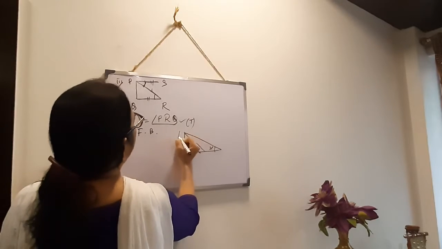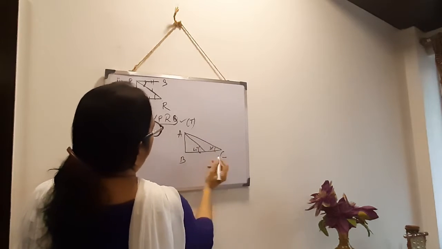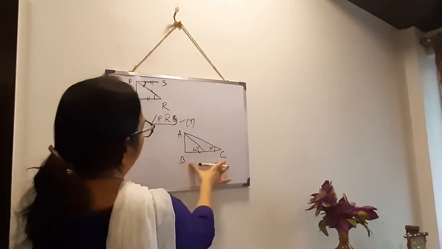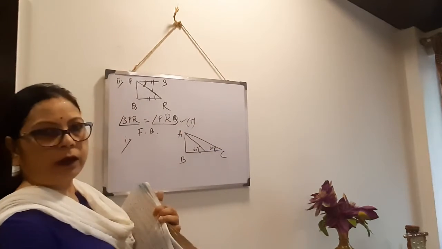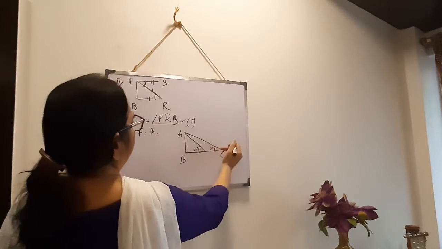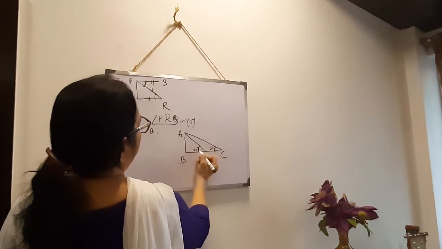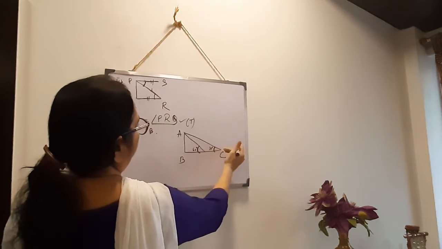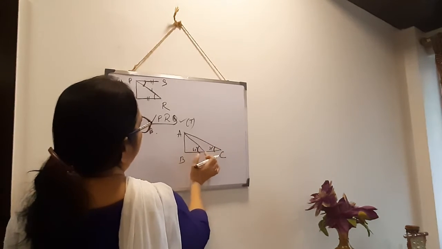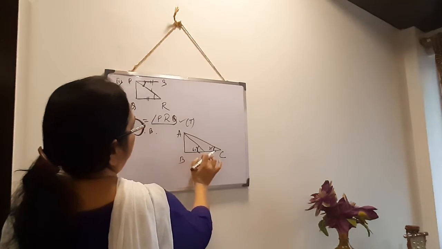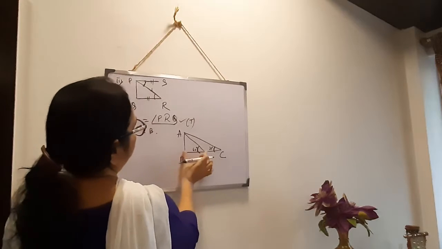Now see, this is the post. AB is the post. Initially BC was the length of shadow of the post when the angle of elevation was 30 degree. Now when the observer is moving towards the foot of the post, the angle of elevation changes to 60 degree. Then we are getting the length of the shadow here.